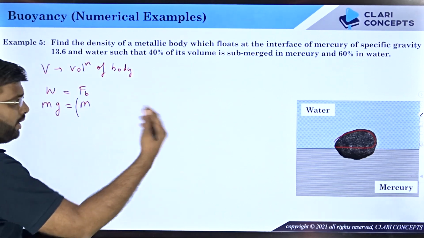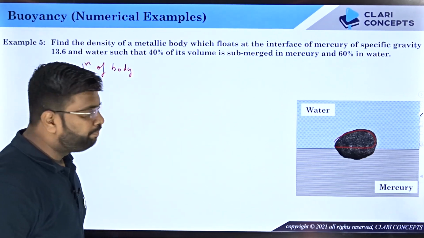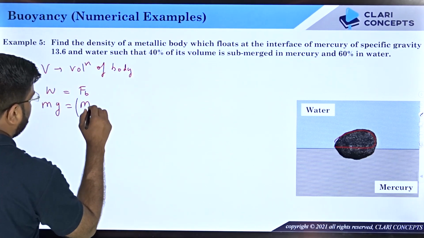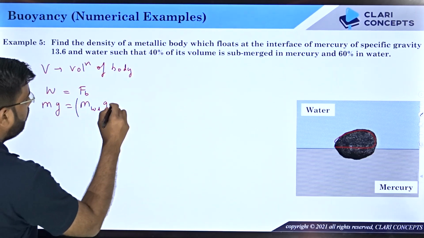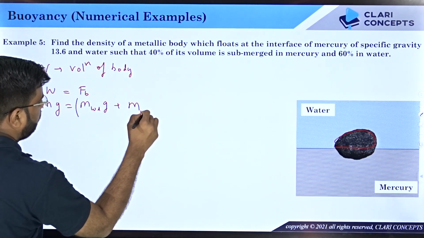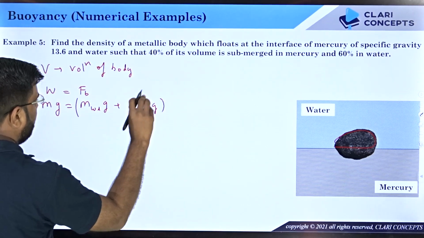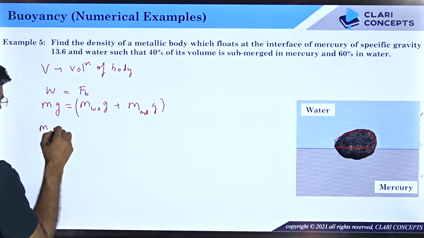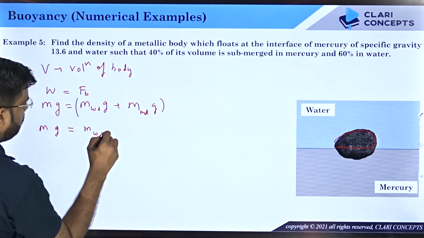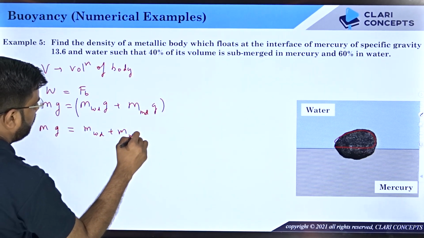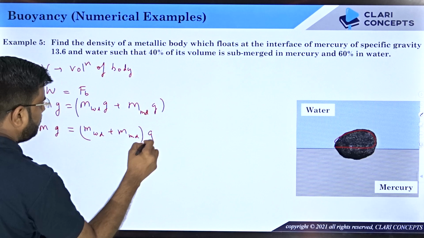So what is the weight of the water displaced? I will put the mass of the water displaced into G, plus mass of the mercury displaced into G. So you can take G common and out. G will get cancelled.